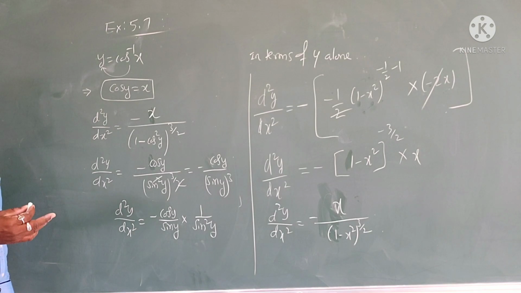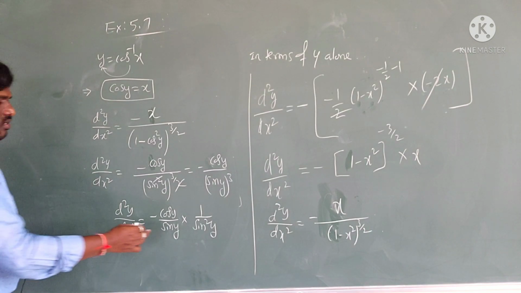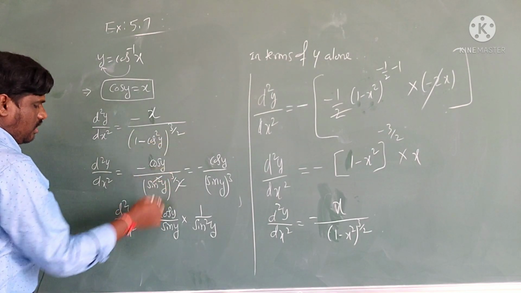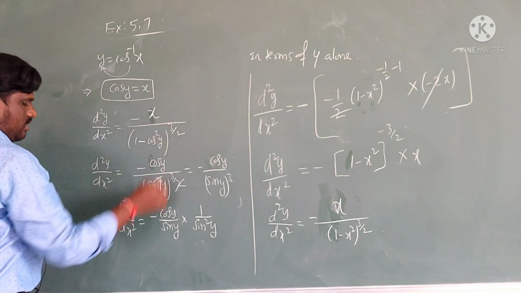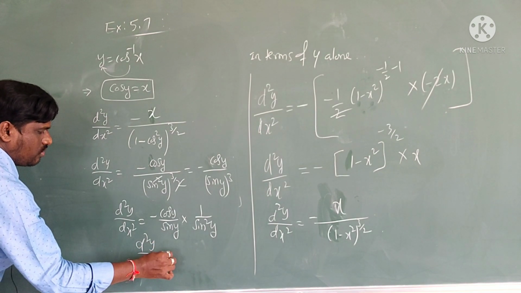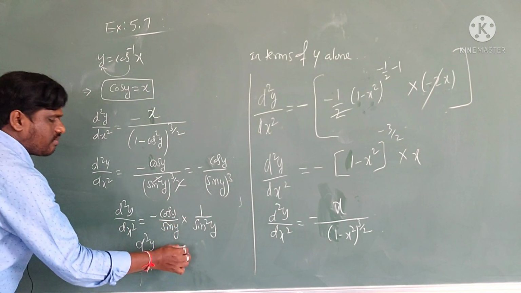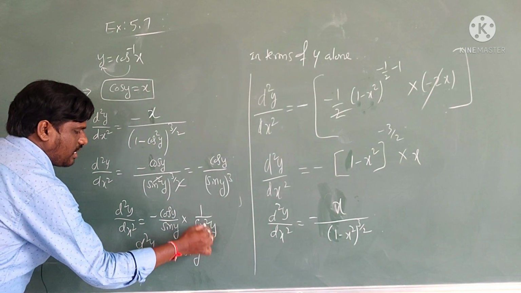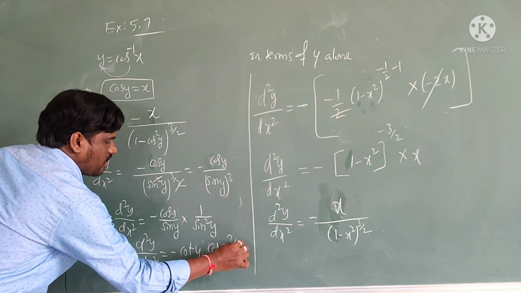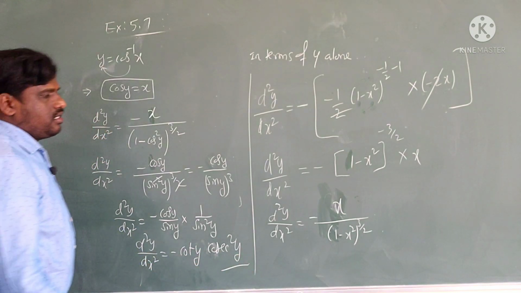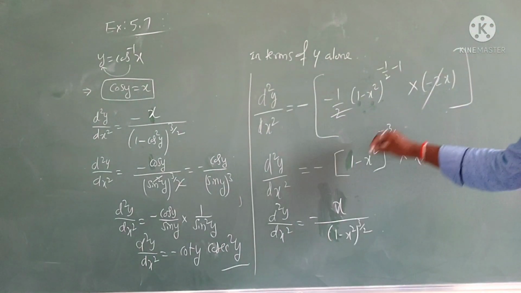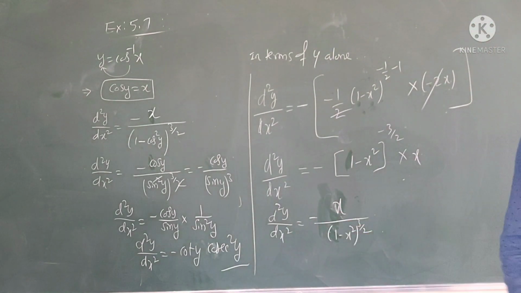So d2y by dx square, the final answer is minus cot y into cosecant square y. Cosecant square y. This is your final answer. Sorry for forgetting this x. You have your x, the x is carried on.